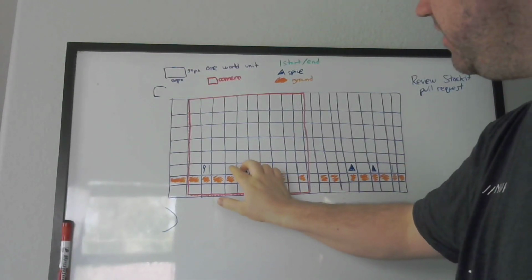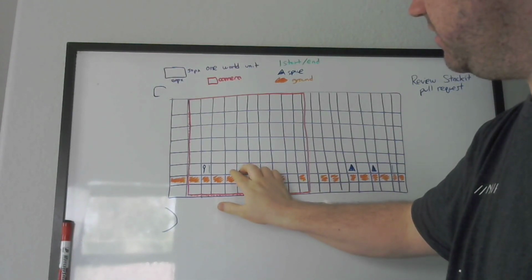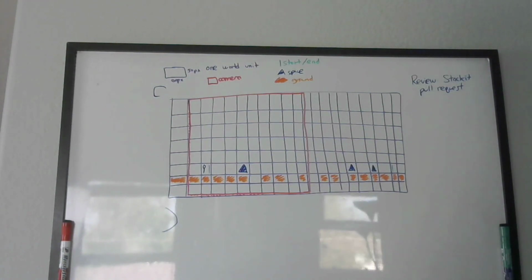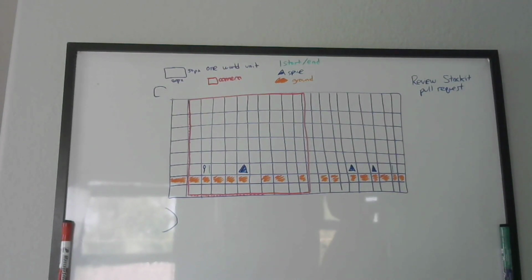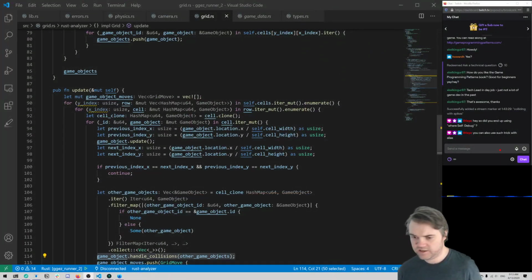That way, when the player is halfway into here, it checks both of the cells and then handles the collisions properly. I think I might end up liking that, even though it's a little bit more work and more loops through here.